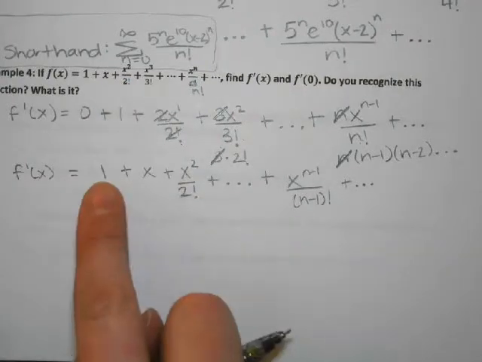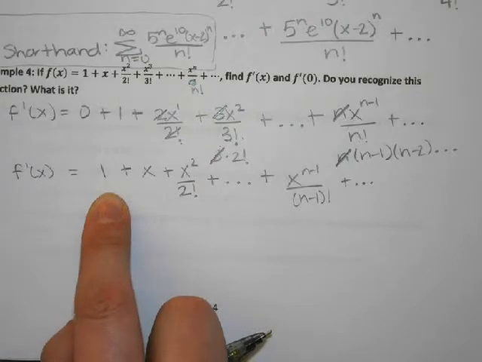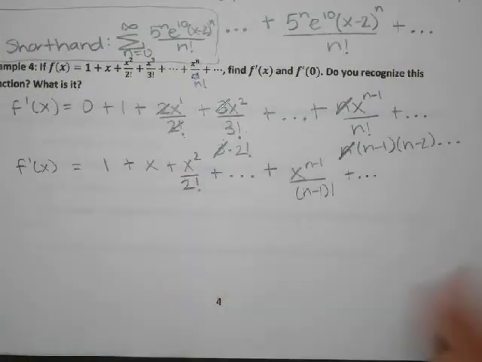This is the derivative of the polynomial approximation of e to the x, and it's the same thing. Kind of interesting, okay? So what this means is that if we have a polynomial approximation for something, you can take the derivative of that and get the result you're supposed to get. Does that make sense? So the derivative of e to the x is still itself like it should be.